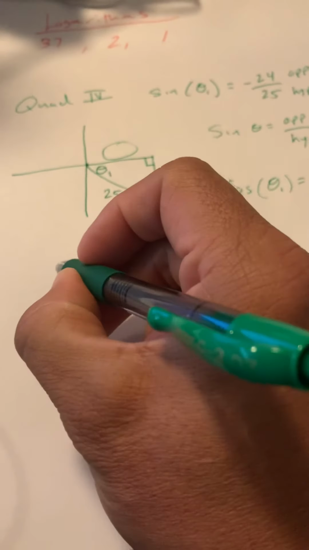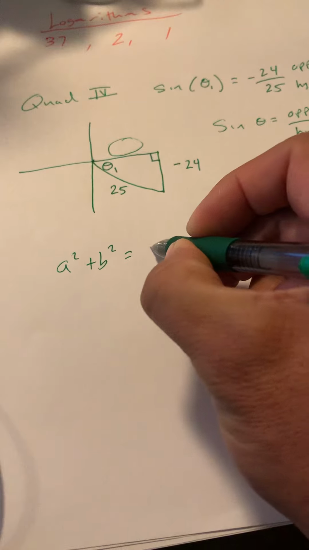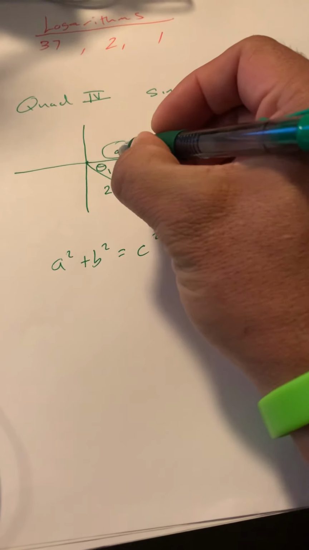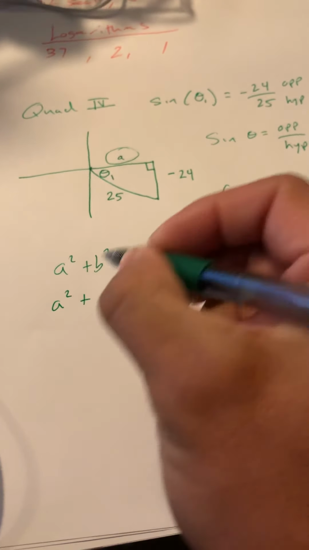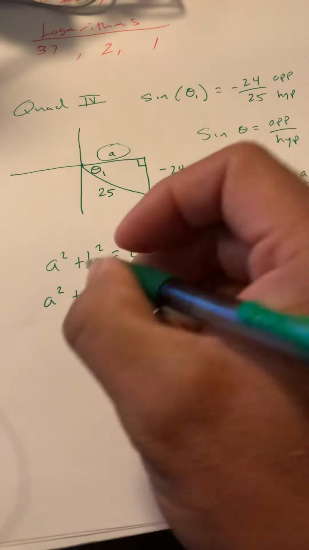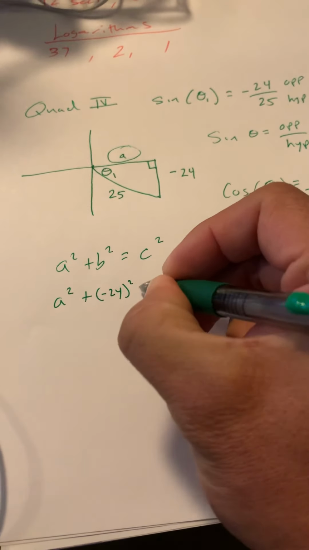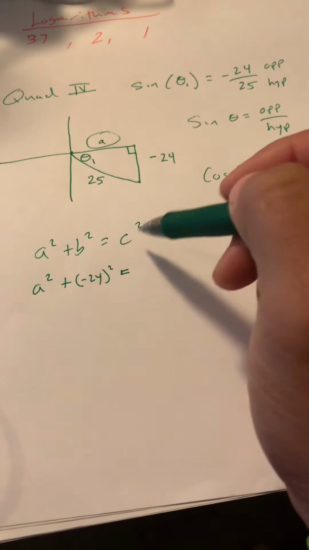And so we know that the Pythagorean theorem is a squared plus b squared equals c squared. Well, I'll call this a for right now if we want to. Now, I can then go a squared plus b squared is negative 24 squared equals, c is always the hypotenuse side, so make sure you put that in the right spot.